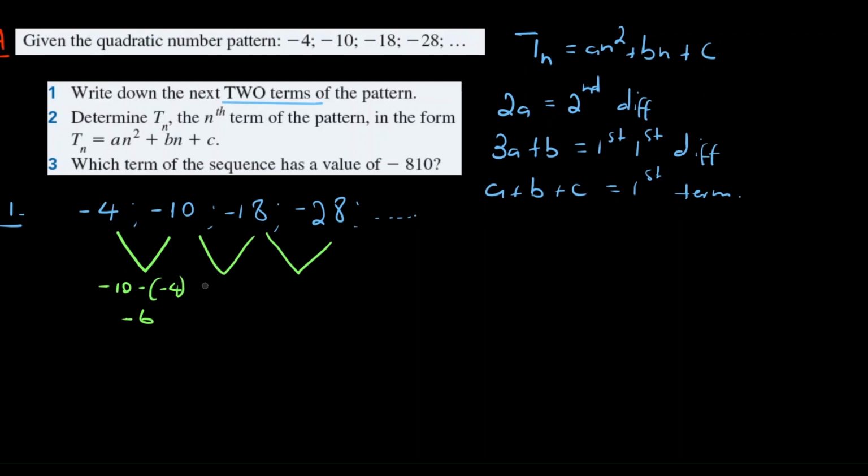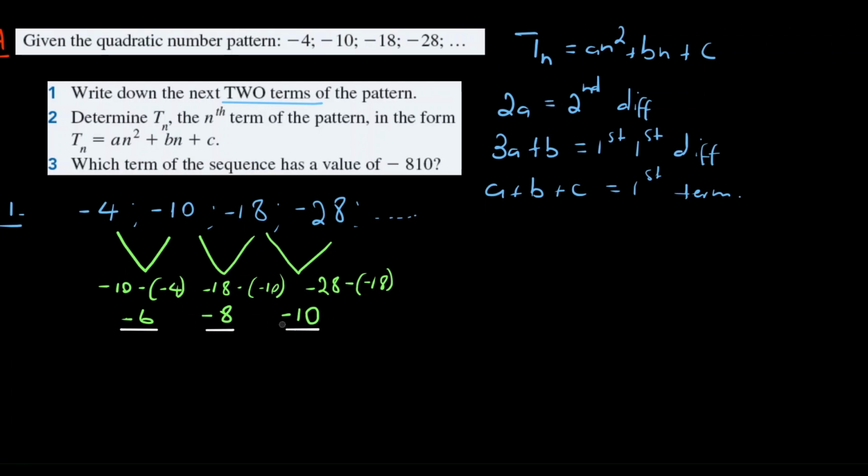Do the same thing for the next term, which is -18 minus -10, which is nothing more than -18 plus 10, which will give you -8. And we do the same thing for -28 minus -18, which is -28 plus 18. It's nothing more than -10. So we can see that the first difference is -6, -8, and -10.